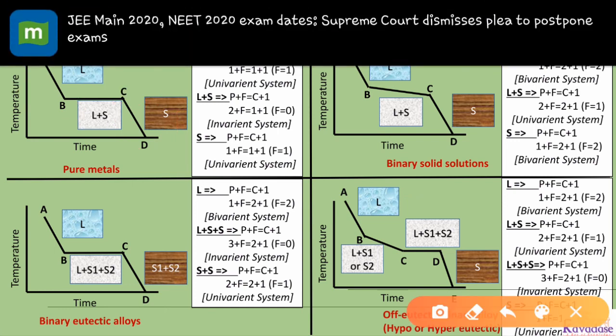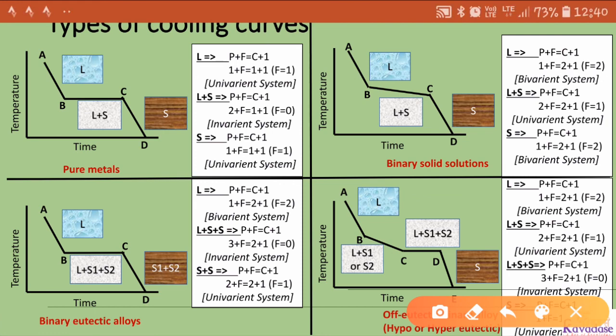In A to B you can see temperature is reducing, and in C to D you can see temperature is reducing or falling. But in the B to C region, only phase transformation is taking place, means temperature is not reducing.